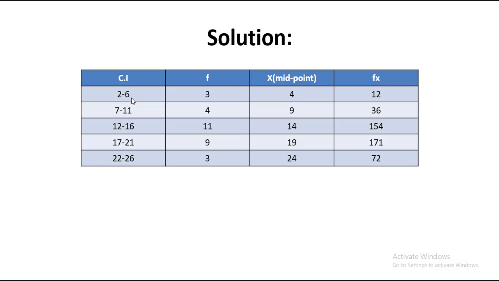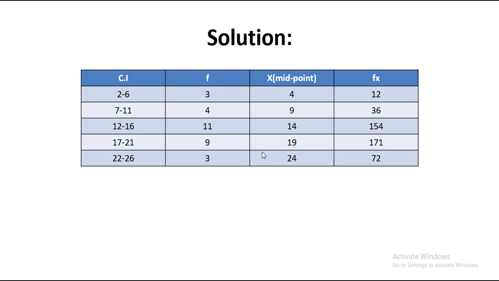So for this, what we used to do is take the midpoint of the class, that is 2 plus 6 divided by 2. That's how you get the midpoint. After you get all the midpoints, this midpoint becomes my x. So for mean, whenever a grouped frequency distribution is given and you're asked to find the mean, you need to calculate the midpoint first, because the midpoint is basically the x.